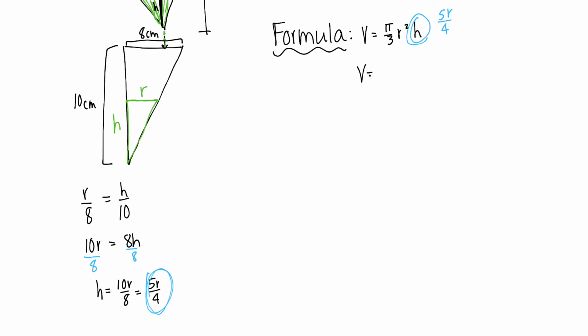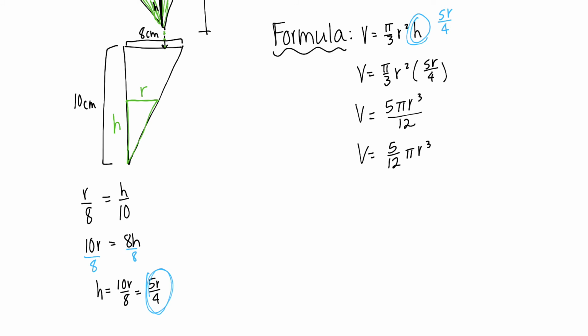So we have volume is equal to pi over 3, r squared, 5r over 4. So we have 5 pi r cubed over 12, or maybe you'd rather see it as 5/12 pi r cubed. Same thing, either way.